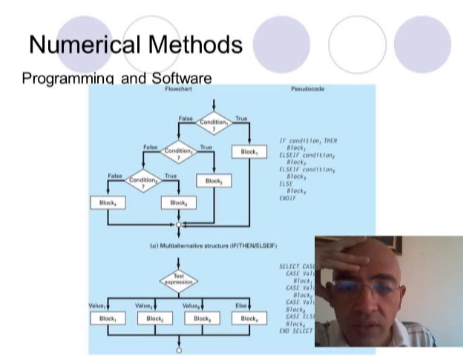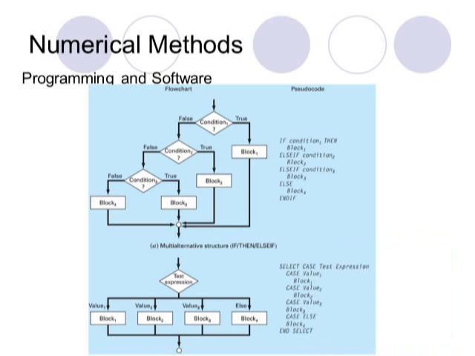Now here we have a simple flow chart. Let's look at it and let's analyze it. Now we have a condition, and if this condition is not satisfied, the code will follow the false line.